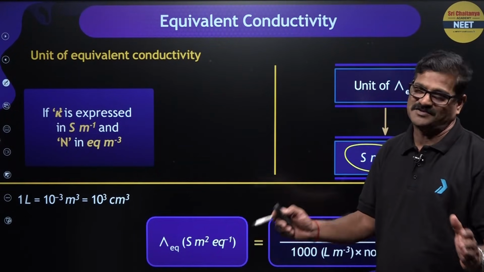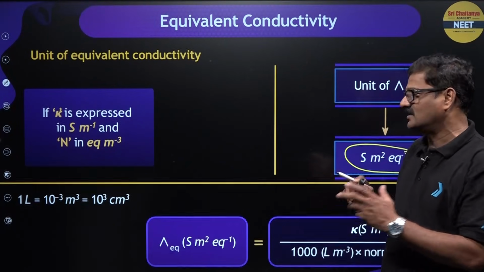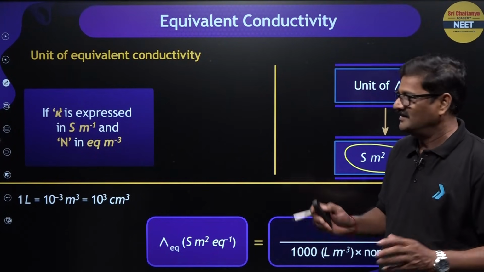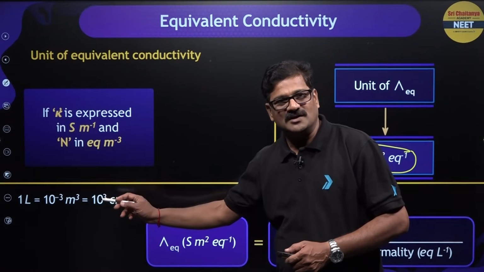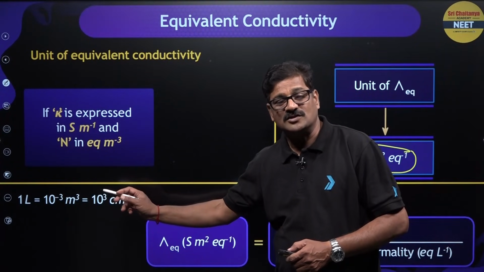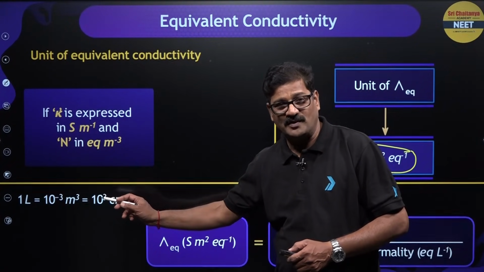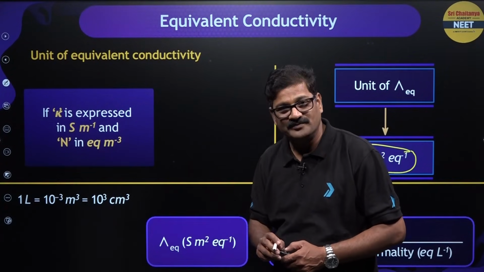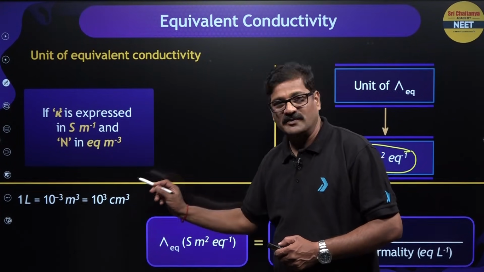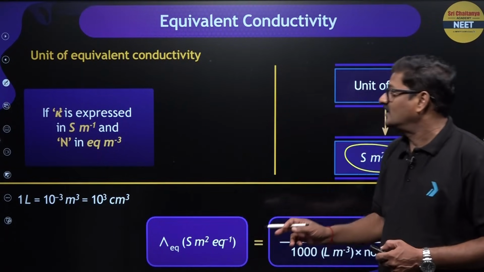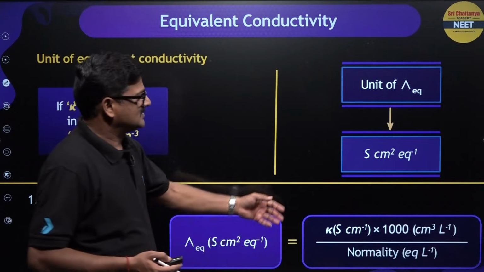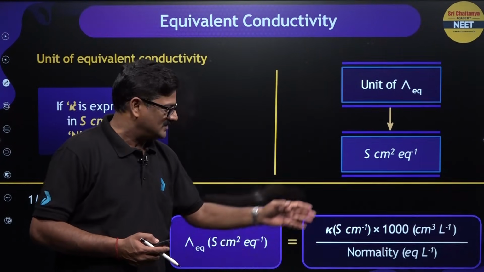That is the simple version. And how are equivalent conductance and molar conductance related? You see, conversion of the volumes: 1 liter is equal to 10 power minus 3 meter cube and 10 cube centimeter cube. In this way you can say simply it is Siemens centimeter square equivalent inverse.